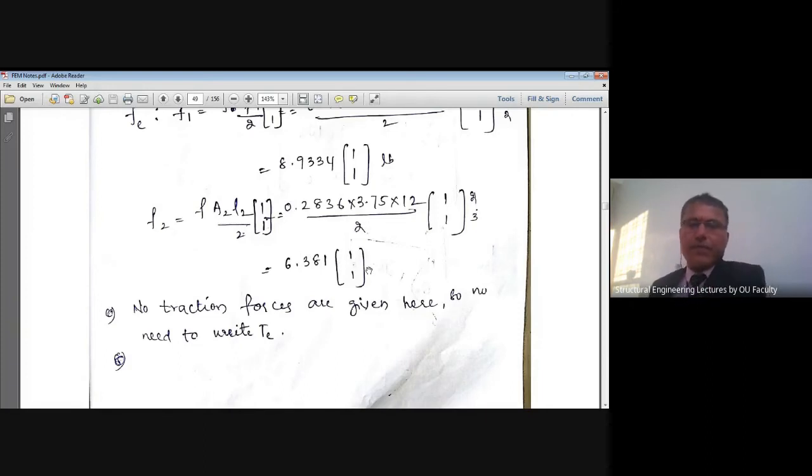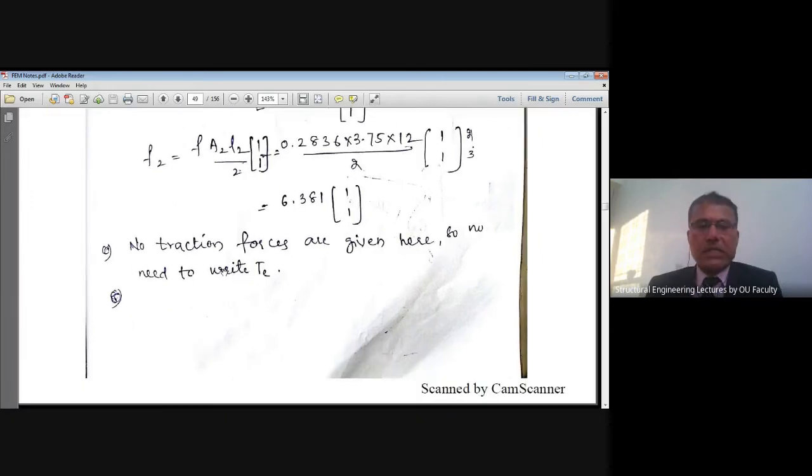Along the third degree of freedom, the same 6.381 pounds. Then, one moment. Once we evaluate the element body force vectors also, then what now?